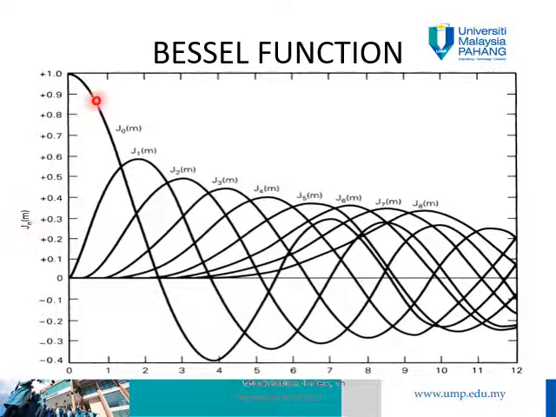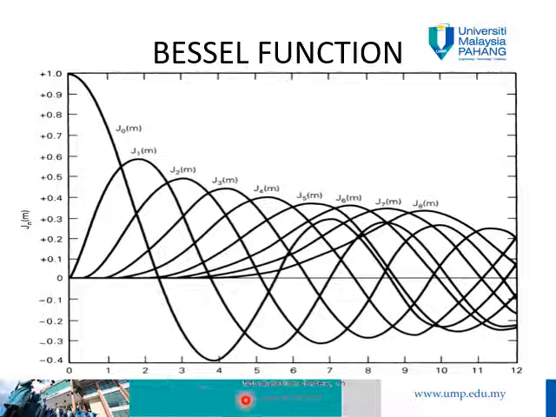So we have J0, J1, J2, J3, J4, J5, J6, J7, J8, and so on. From this figure, we can determine the relative amplitude of J when we are given the value of modulation index. So let's see one example.